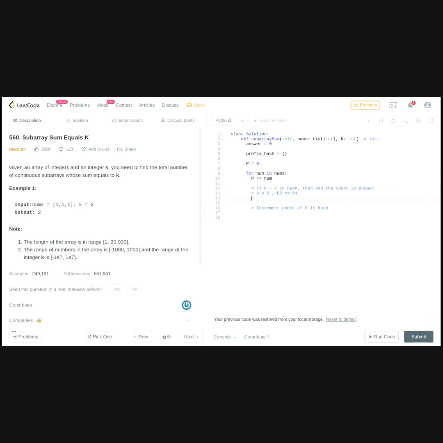So I need to add the combos to the answer beforehand. So I'll check prefix hash of p minus k, and if p minus k is in prefix hash, add it. Now we can increment the count of this particular prefix. For incrementing, I'll get this key, if not present then 0, and increment the count by 1.